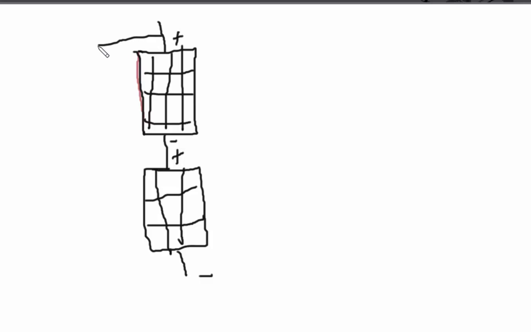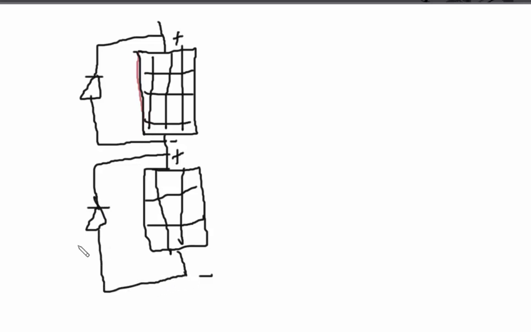So one diode is connected across it, so another diode like this. This is positive, this is negative, because the negative terminal is connected to the positive terminal of the diode.